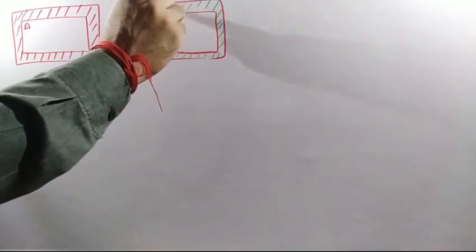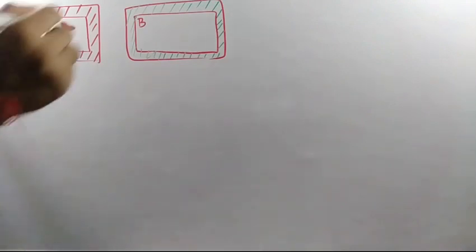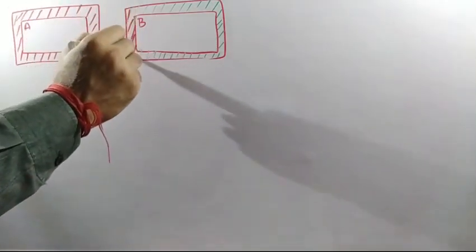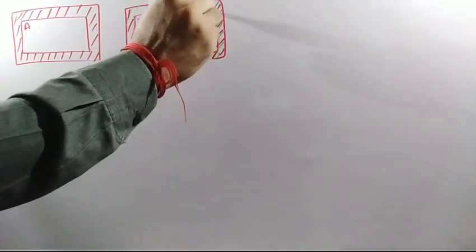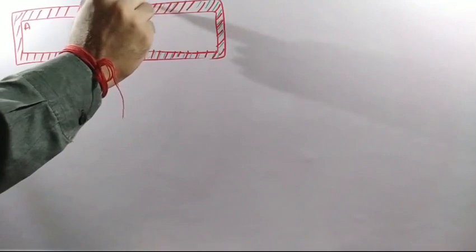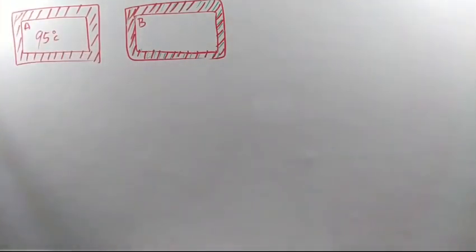Heat doesn't flow from this system to the outside surroundings. These walls are nothing but adiabatic walls. Let us assume here the temperature is 95 degrees Celsius, and at this point the temperature is some 30 degrees Celsius.